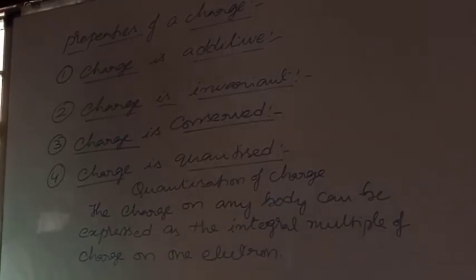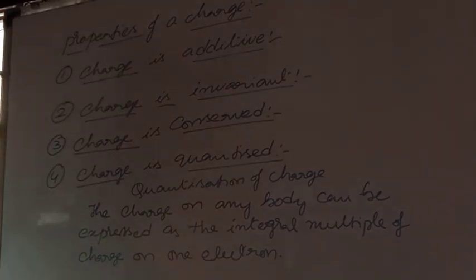So these are the main properties, and other properties are also there, which we'll discuss in the next class. So the first one is charge is additive, second one is charge is invariant, third one is charge is conserved, and the last and important one is charge is quantized.